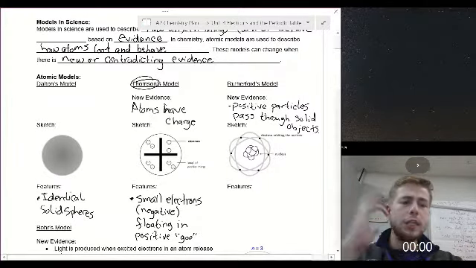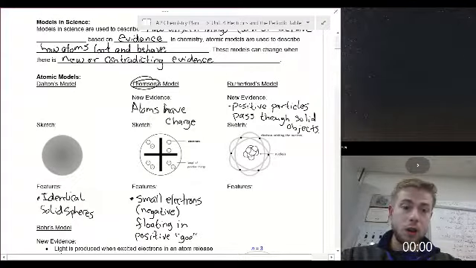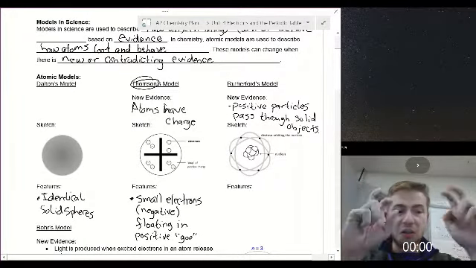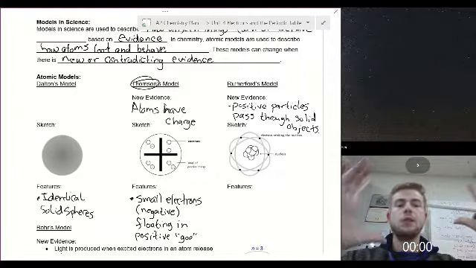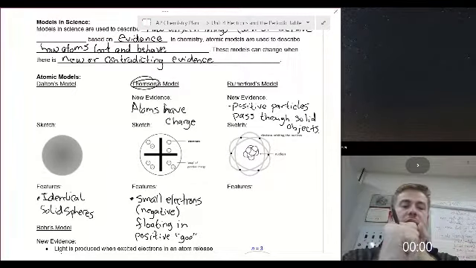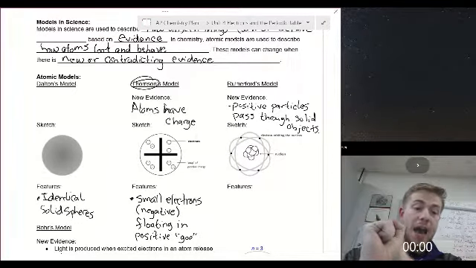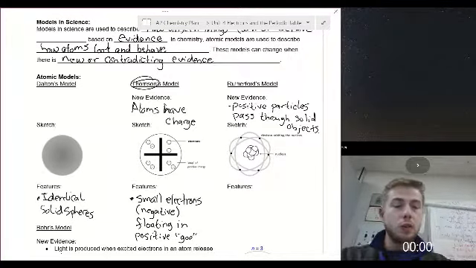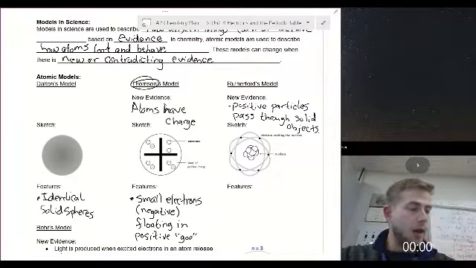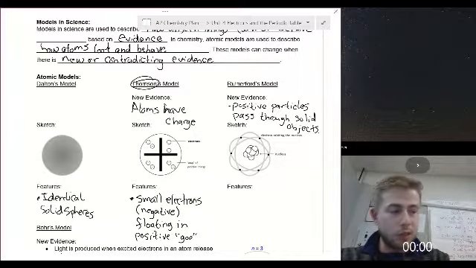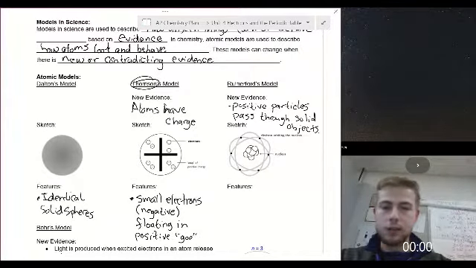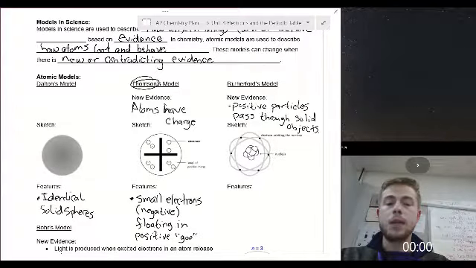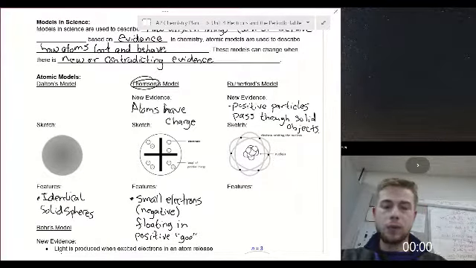And so he proposed a new model of the atom where that positive goo was not goo floating around, it was condensed into a very small part of the atom right smack up in the middle, which we call the nucleus. So the new model that he proposed had a small, dense nucleus, and electrons, those negative particles, he still kept in his model, but they were orbiting the nucleus.